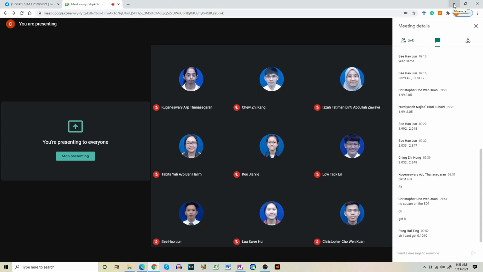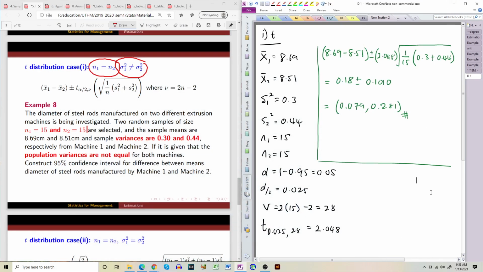Can't get 0.101. Why can't you get it? Let me double check. 0.3 plus 0.44, 0.74. Divide by 15, 0.049333.